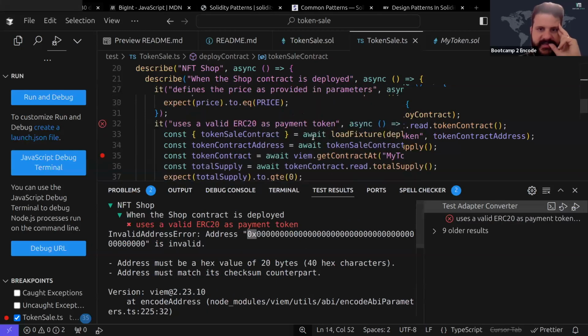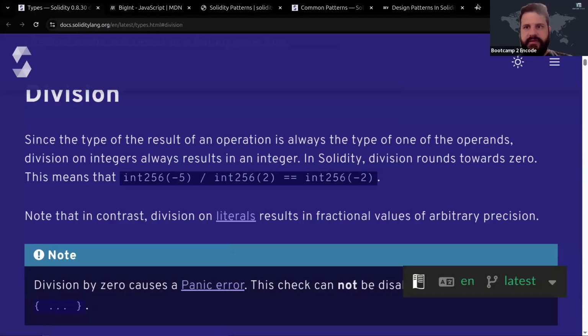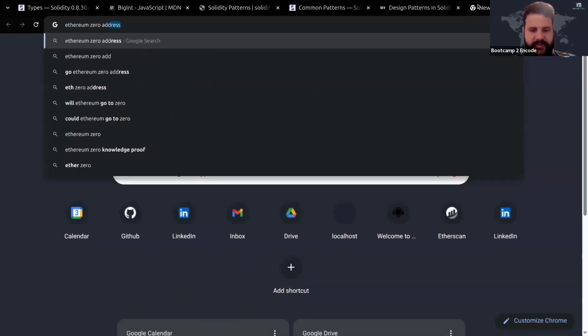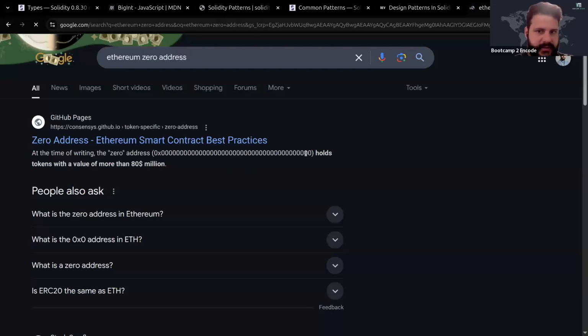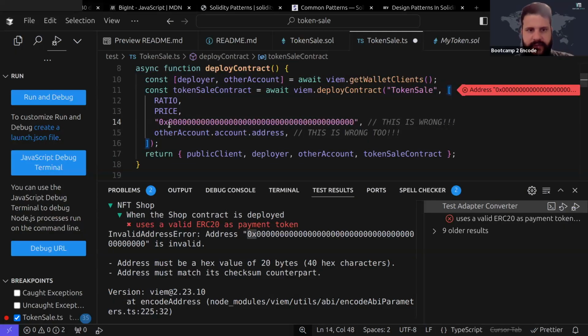The address 0 is missing some digits. It was supposed to be 42 characters. Let me Google it really quickly, EVM 0 address. I'm missing some digits here. It should be 42, with the 0x. Okay, that was my bad.